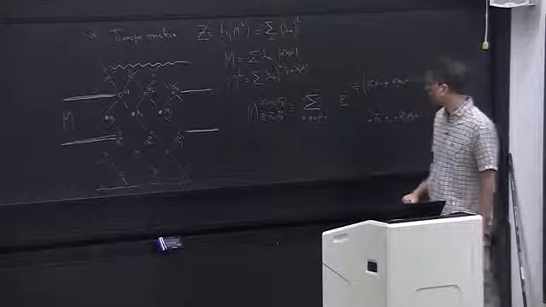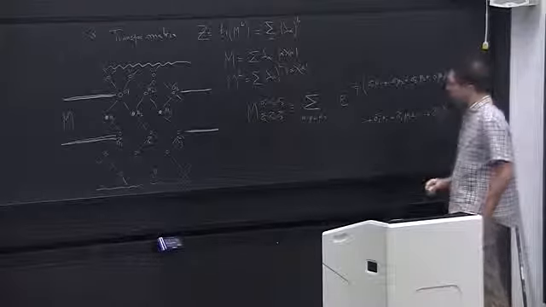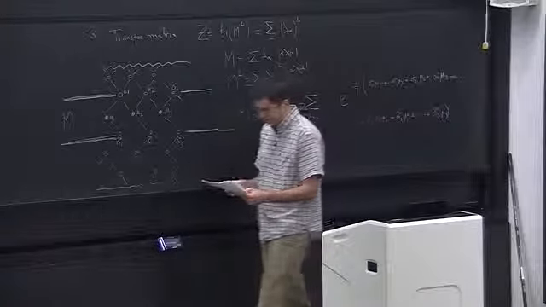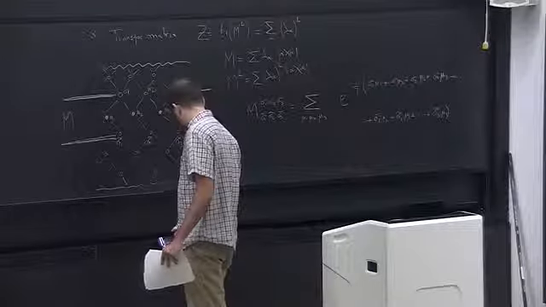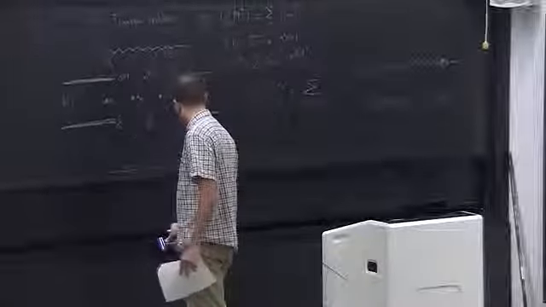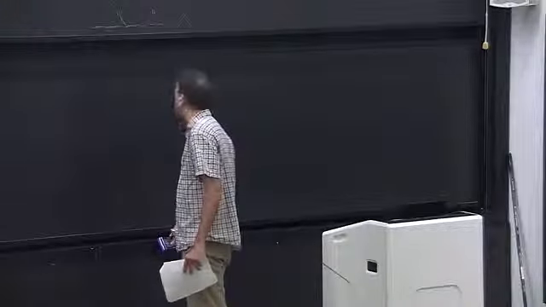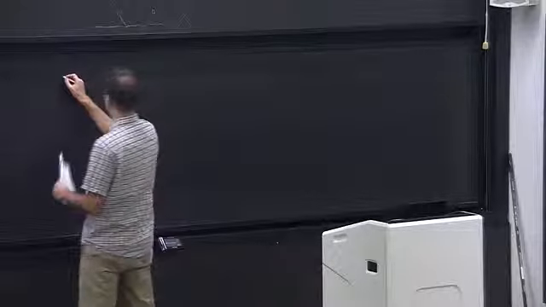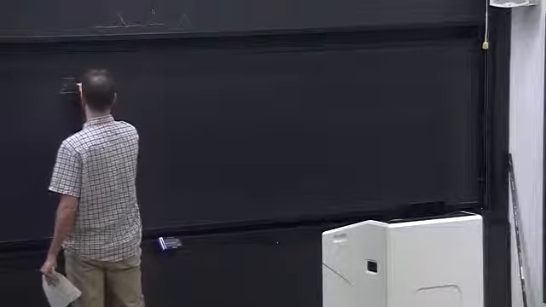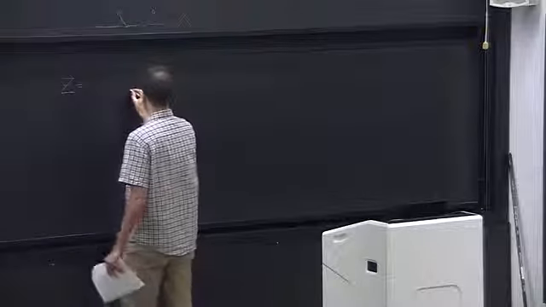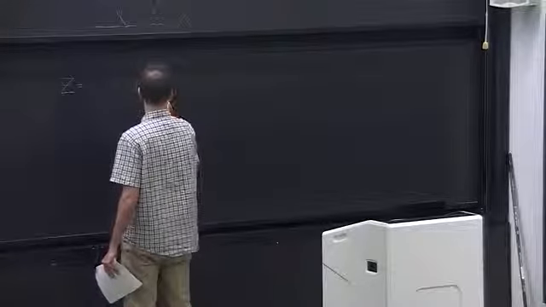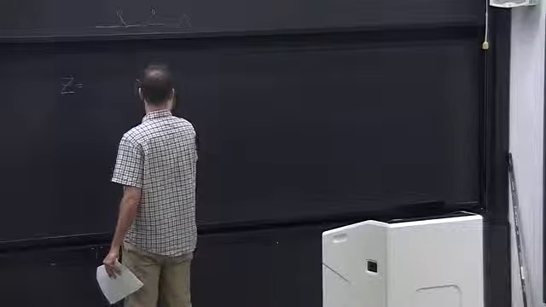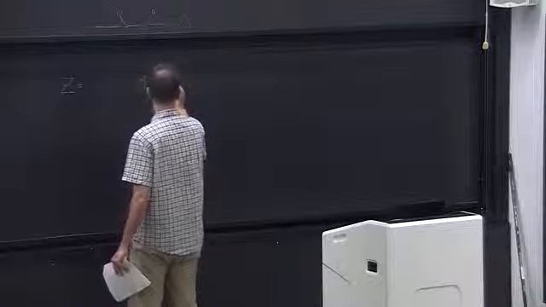Okay, once I've done this, I want you to spend a minute convincing yourself that the following is true: that the partition function is equal to M of sigma 1, sigma 2, sigma 3, sigma 1 tilde, sigma 2 tilde, sigma 3 tilde.